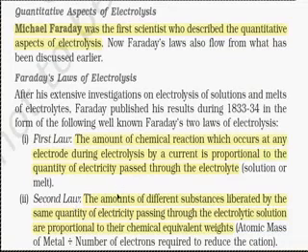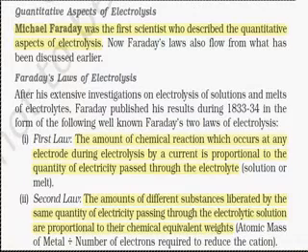Second law: the amounts of different substances liberated by the same quantity of electricity passing through the electrolytic solution are proportional to their chemical equivalent weights. Now, chemical equivalent weight is equal to the atomic mass of the metal divided by the number of electrons required to reduce a cation, that is atomic mass upon number of electrons is equal to equivalent weight.